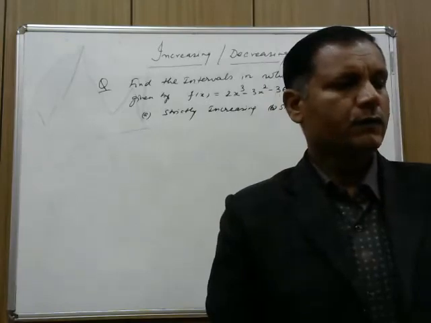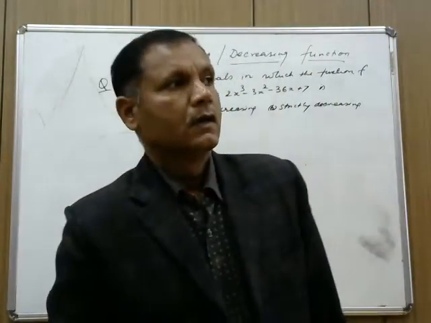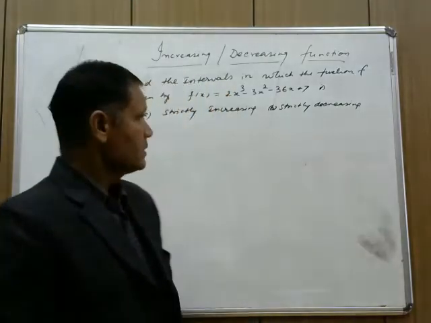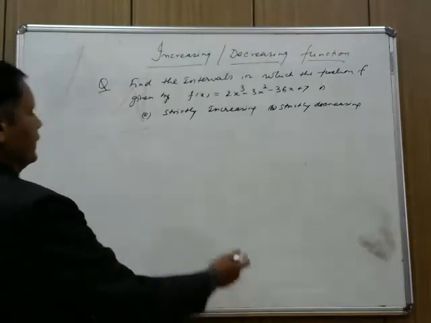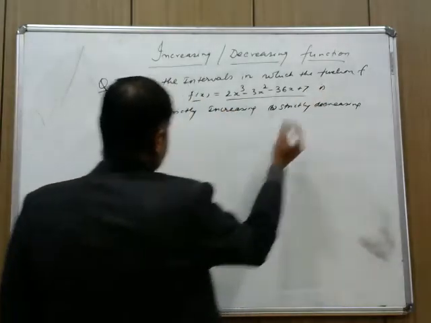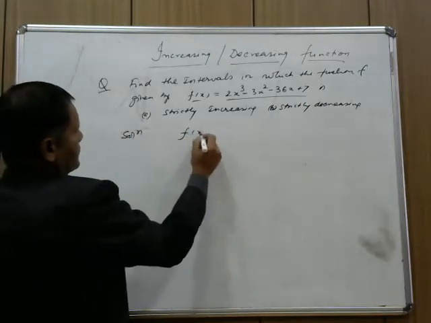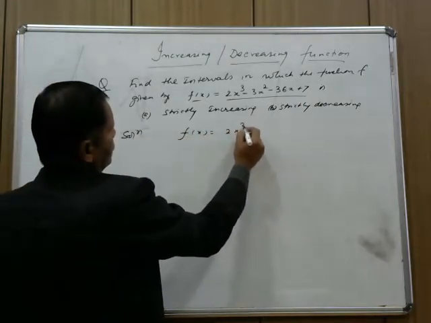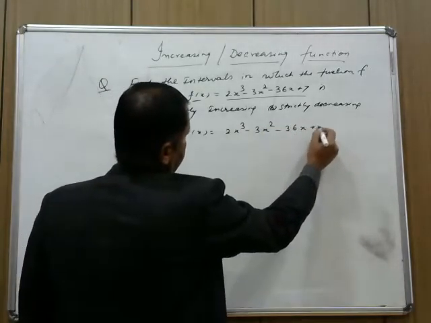Now I have taken one question in which I have to find out the interval in which the given function will be increasing and decreasing. Okay, the function is here f of x is equal to 2x cube minus 3x square minus 36x plus 7.